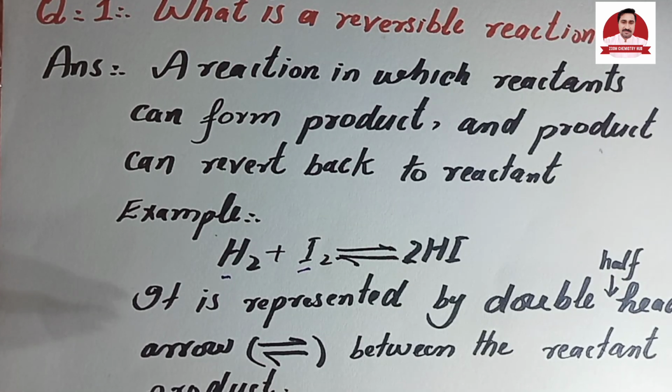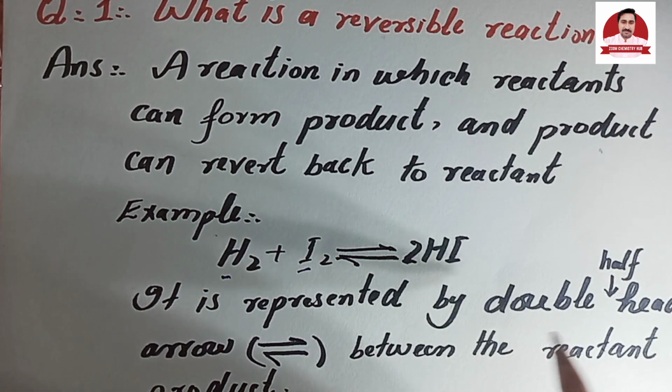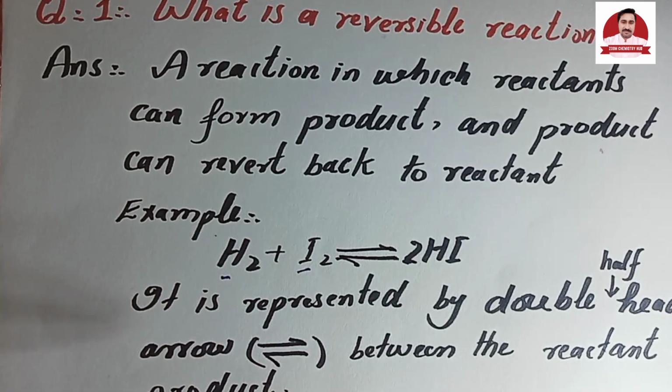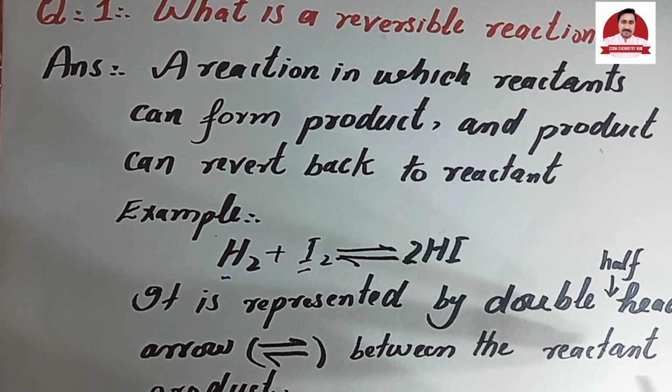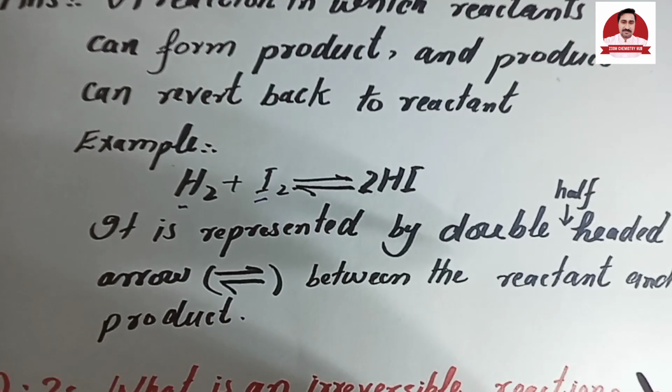So the reversible reaction is represented by a double half-headed arrow between the reactant and the product.